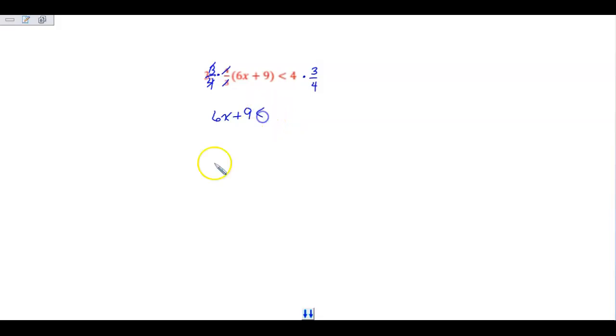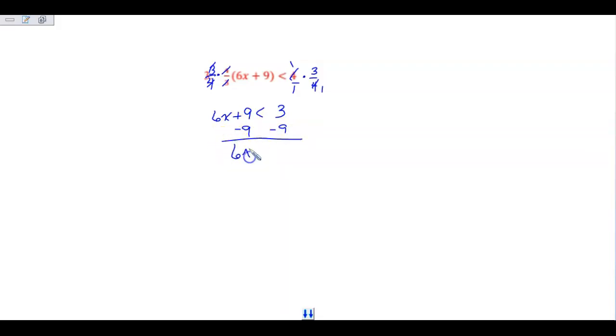And I'm going to go ahead and bring down my less than symbol. On this side, I have 4 times 3/4. I'm going to make my 4 from a whole number into an improper fraction by putting a 1 underneath it. And then I'm going to simplify where I can. 1 times 3 is 3. So it's going to be 6x plus 9 is less than 3. Now I'm ready to start moving the 9. I can subtract 9 from both sides.